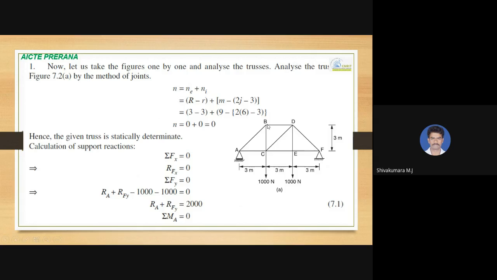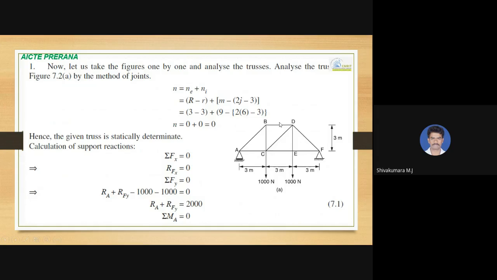So other joint means we have two options over here, that is B and C. So we have the freedom to opt any joint, but we should be smart enough to choose which particular joint we should go for. If you have a look on joint B, the member force in AB is already determined, and member force in BC and BD we have not determined.